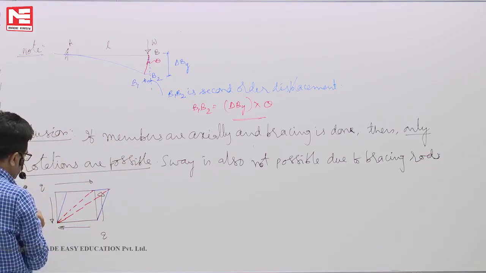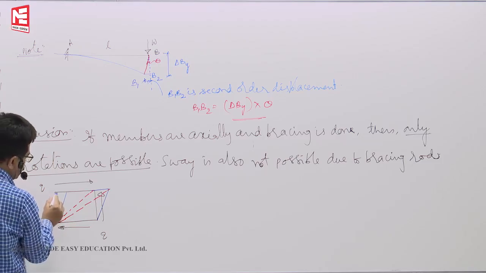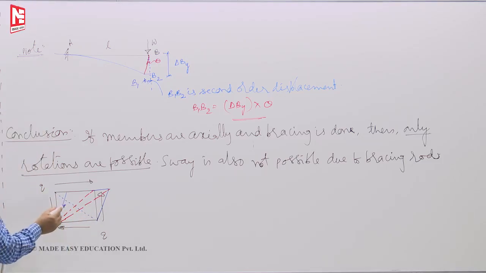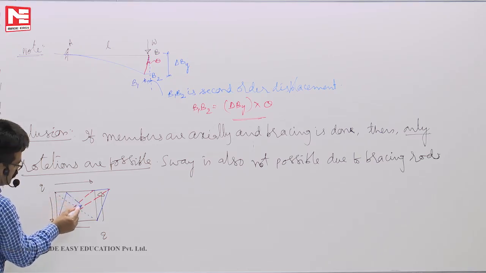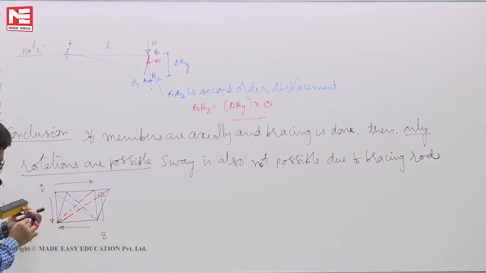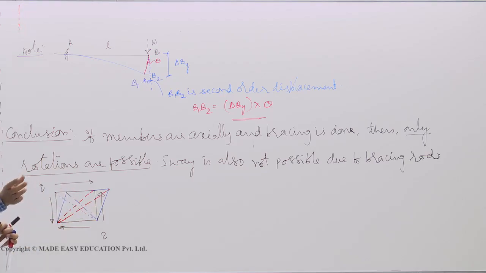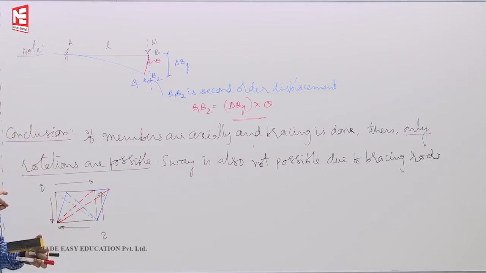The other diagonal, initially, up to here was the initial length. Finally, this much it became. Compared to this dotted line, this is so small. That means this diagonal got contracted. Why will it contract? Sir might have told you it is subjected to compression, called diagonal compression.